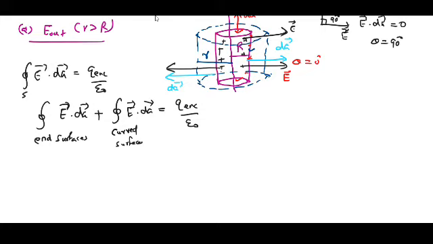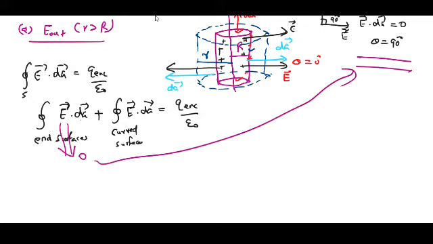As we discussed just now, the end surfaces do not contribute any flux because the angle between E and dA is 90 degree. Therefore, only the curved surface, as shown in the figure, contributes the total flux.